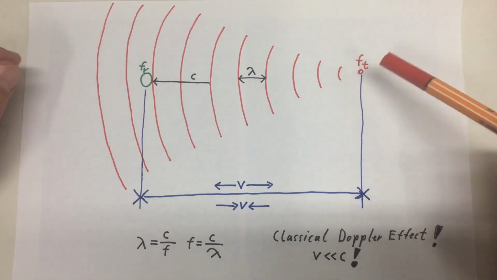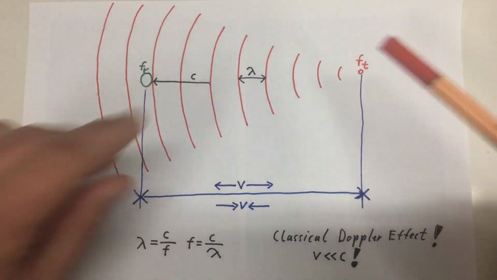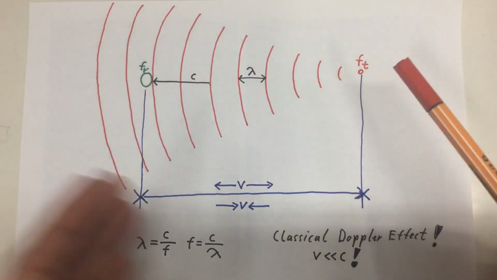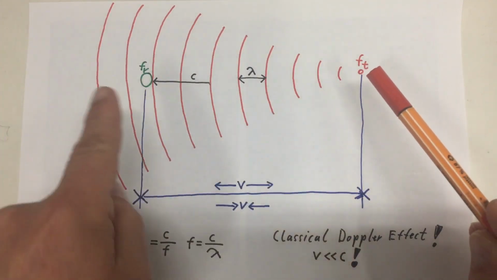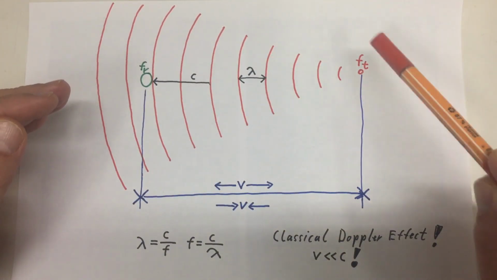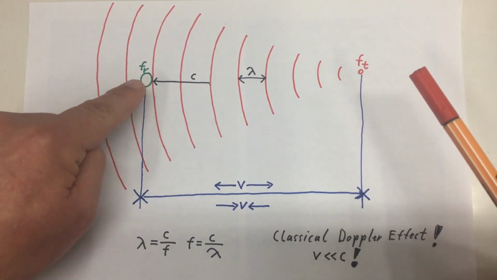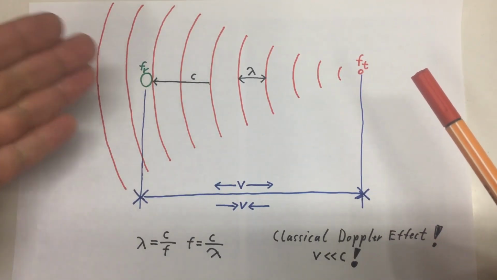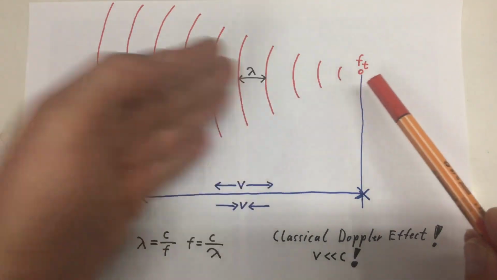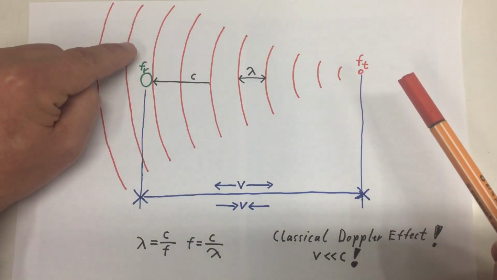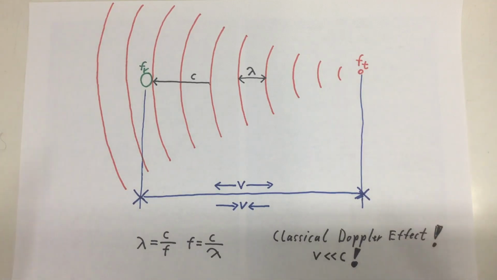So let's assume we have here a wave source. It doesn't matter if it's radio wave, light or sound waves, that's transmitting with a frequency f transmit. And then we have a receiver here that will receive the wave with a frequency f receive.